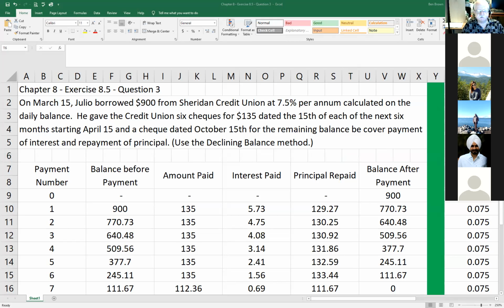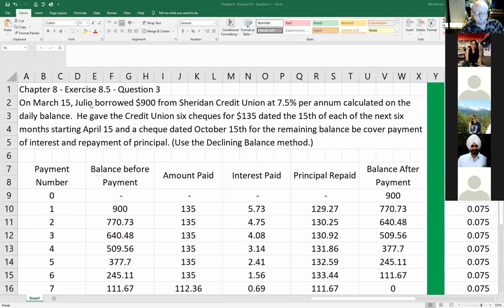So can anyone see the spreadsheet? It's showing already, Mr. Brown. Yes, we can see it. Okay. Can anybody not see it? So we're good.